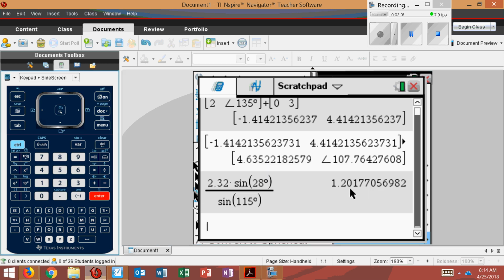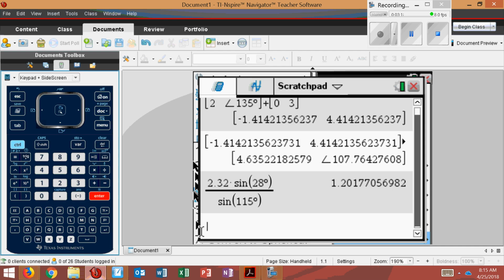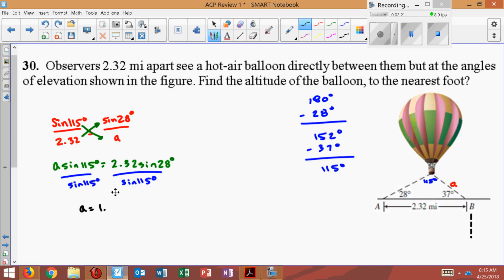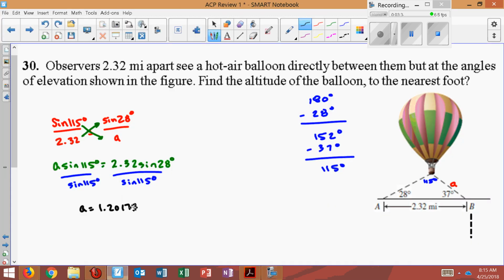I hit enter, and I get 1.201. I'm going to go to the nearest thousandth, 1.202. Actually, to make sure I don't have any rounding, like to make it more accurate, let's go 1.20177. Did I say it right that time? I did. Okay, so we're going to go to this value here, and this would be in miles.